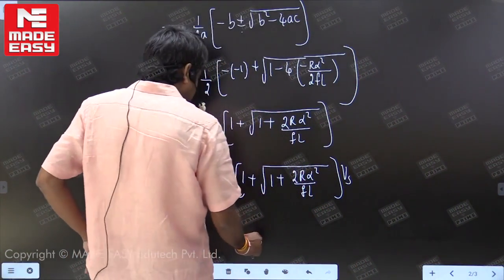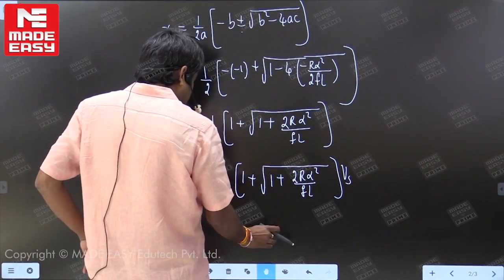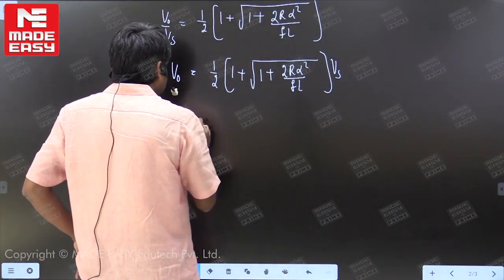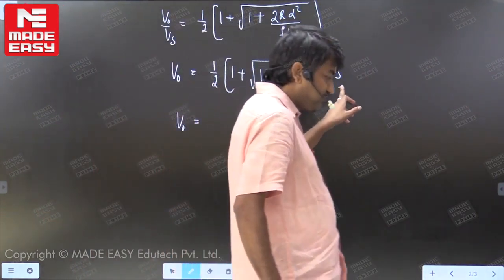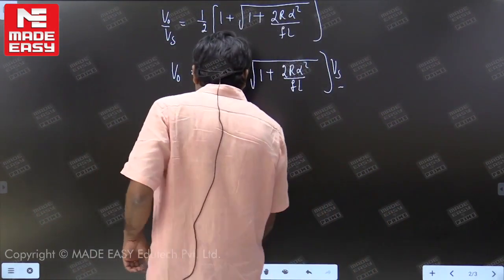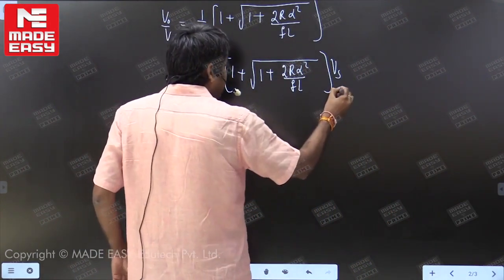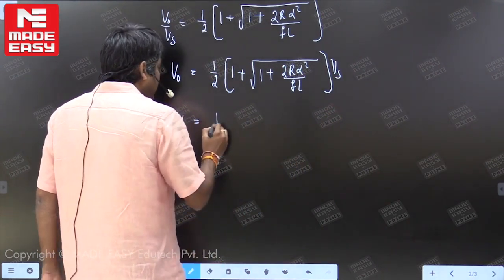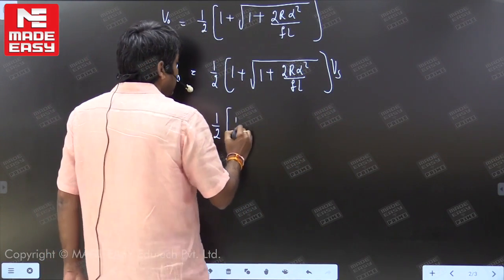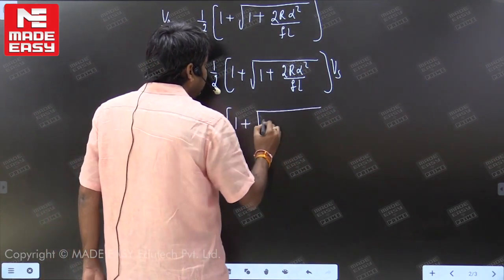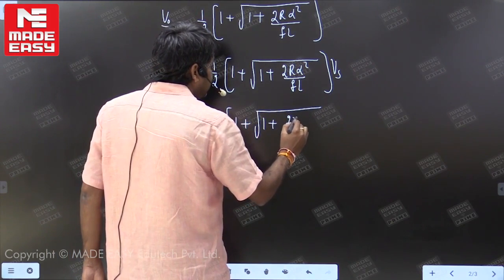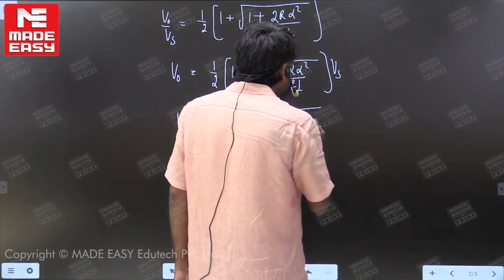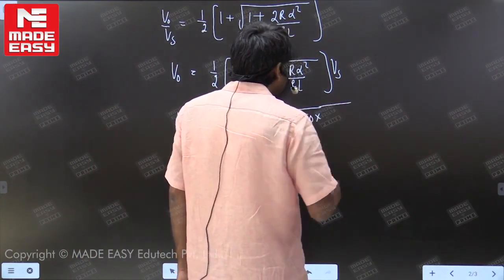So here V naught is equal to, directly I will write, Vs by 2. Vs is 20 here, so the supply voltage is 20. So half of 1 plus square root of 1 plus 2 into load resistance, which is 50 ohms, into alpha whole square.